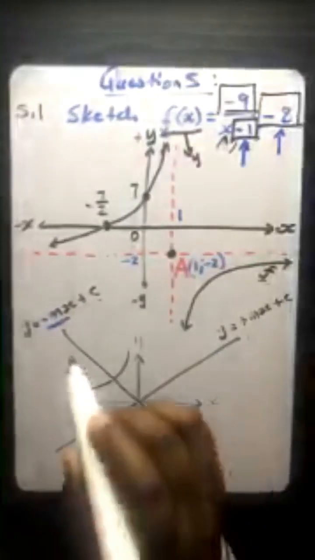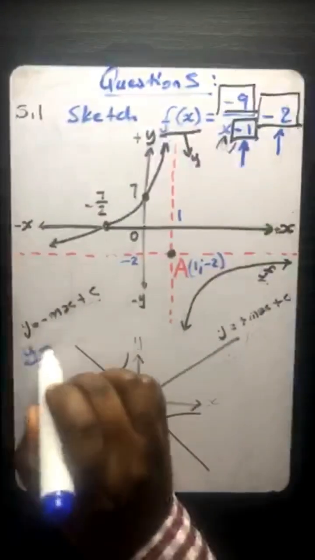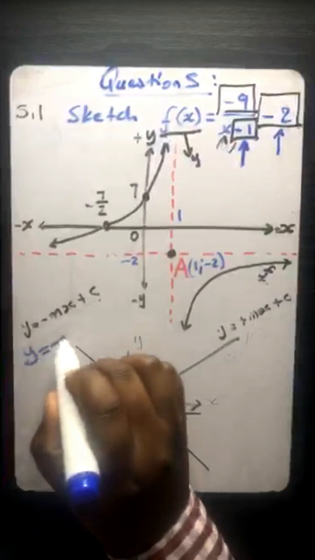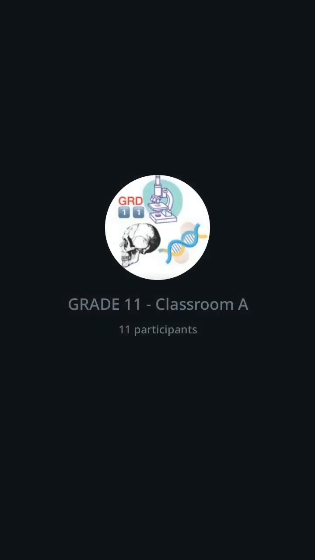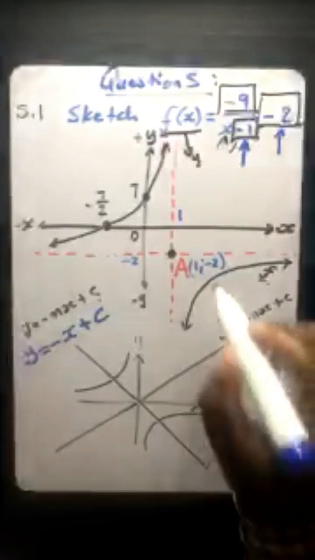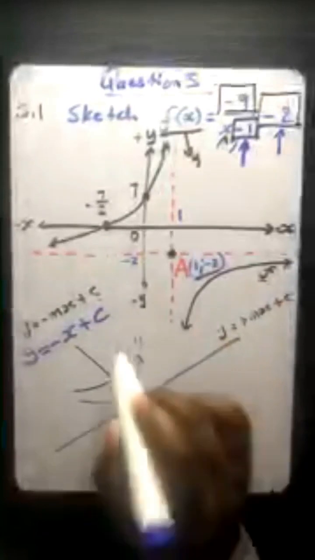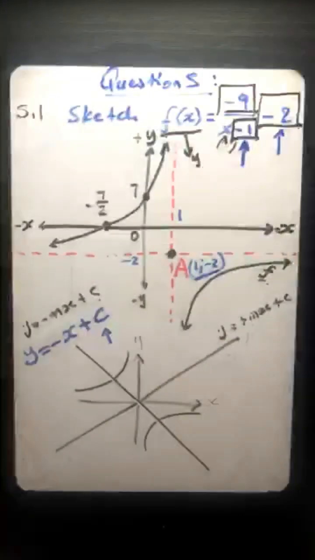So that means you already know that you have y is equal to negative x plus c. All that you need to do is to use this point in order to get the c value, and then from there you give the equation.